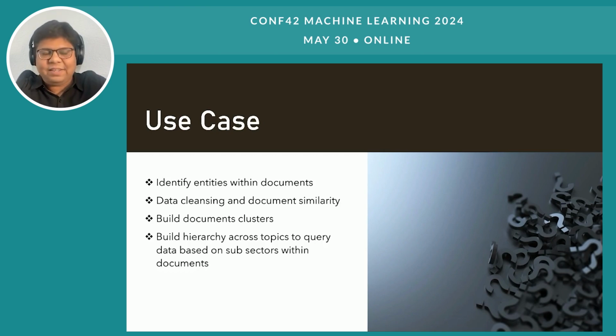The second use case is that whatever applications we are getting, we may want to identify whether the documents have a certain similarity or not. We have two purposes for it. First, to identify the different segments or industry sectors in which we are getting applications.